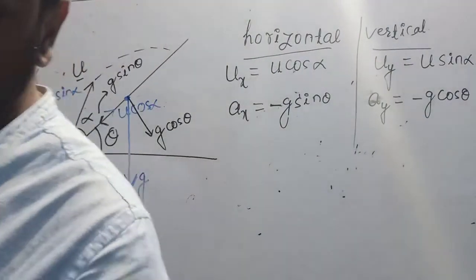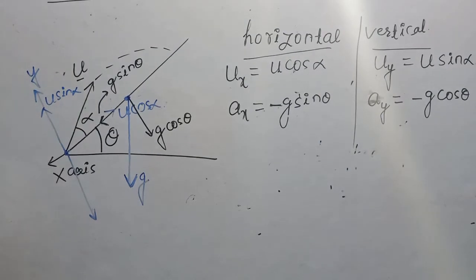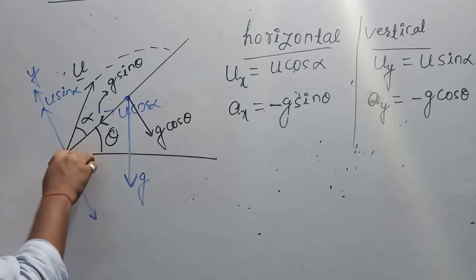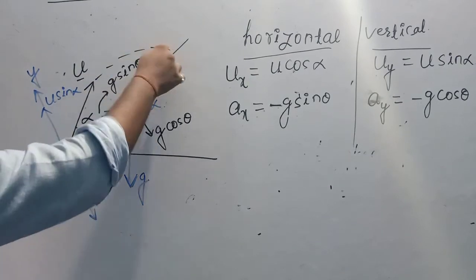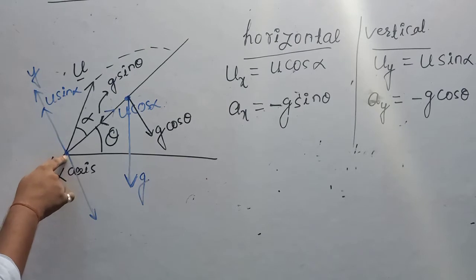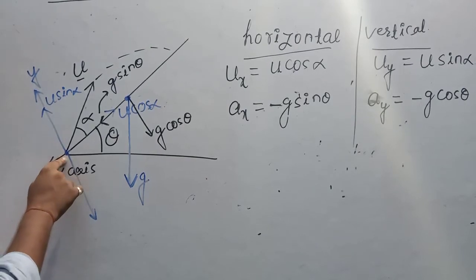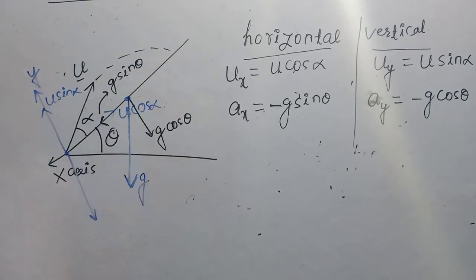Now first I am going to calculate the time of flight. What is time of flight? The time of flight is the time taken by this projectile to reach from its origin, from where it is projected, to where it approaches the surface of the incline.